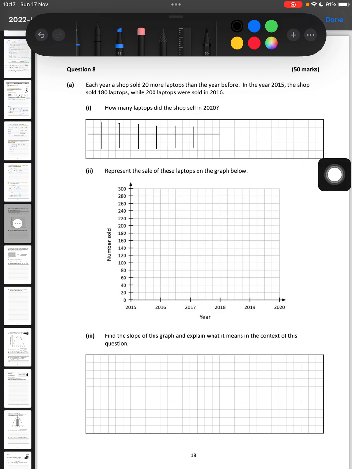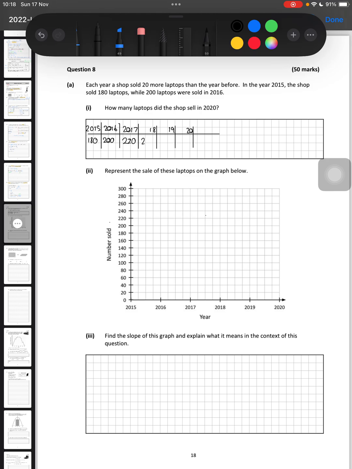Okay, so I could do out a table there for 2015, 2016, 2017, and so on. 18, 19, and 20. Okay. So it started off there with 180 laptops and then 200 laptops, and it's just going up by 20 each time.